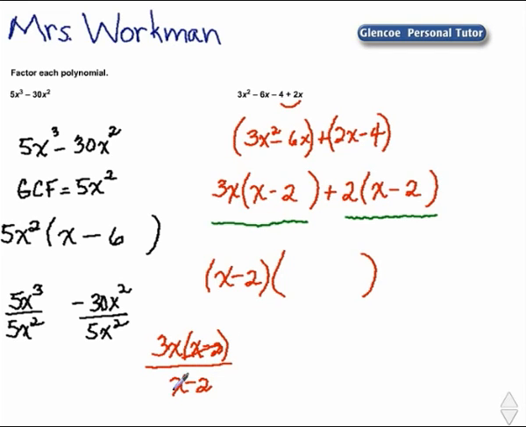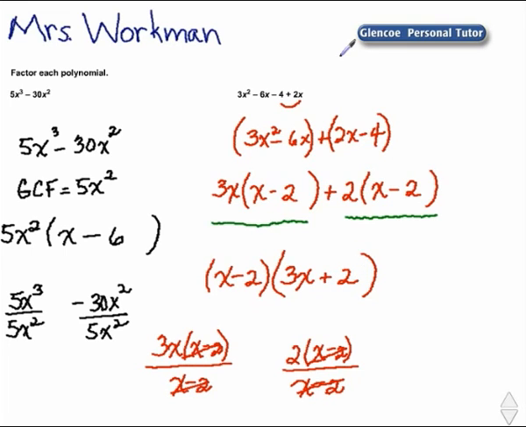These common factors divide out, leaving us with 3x. Now I've got the positive 2 times the quantity x minus 2, and I'm going to divide it by the GCF as well, x minus 2. Common factor in the numerator and denominator could be divided out, leaving us with plus 2.